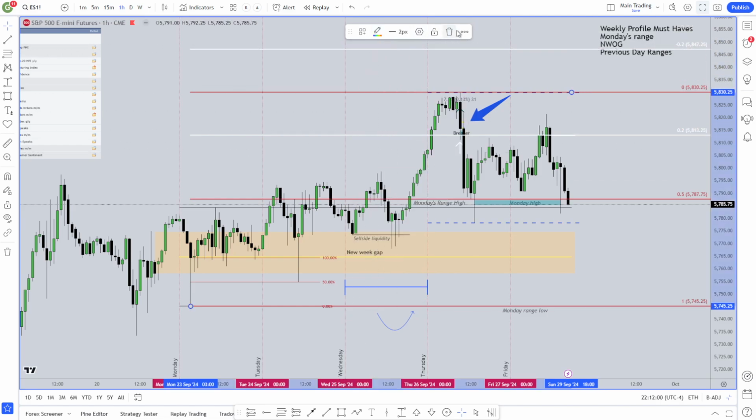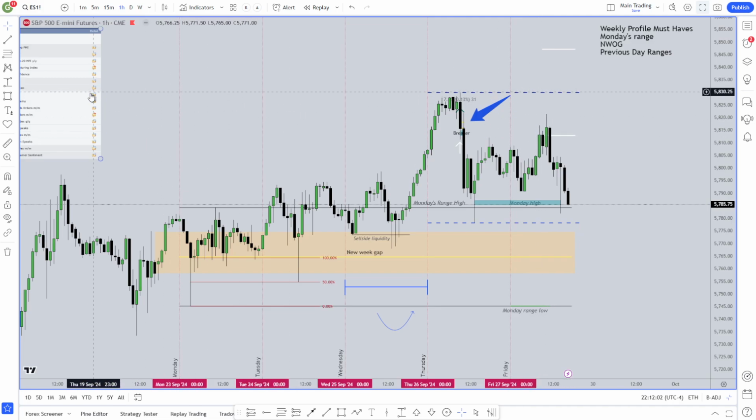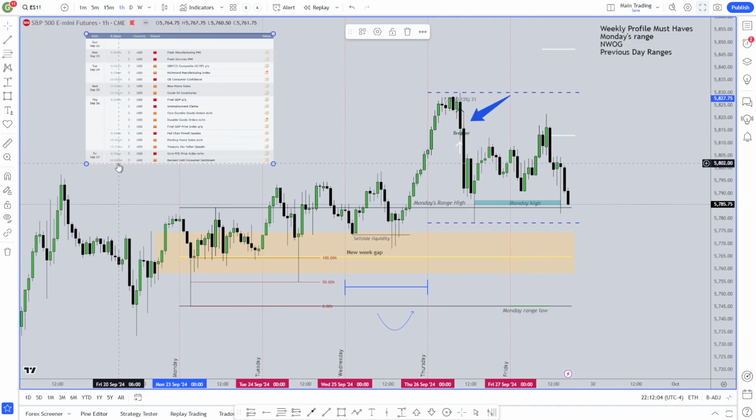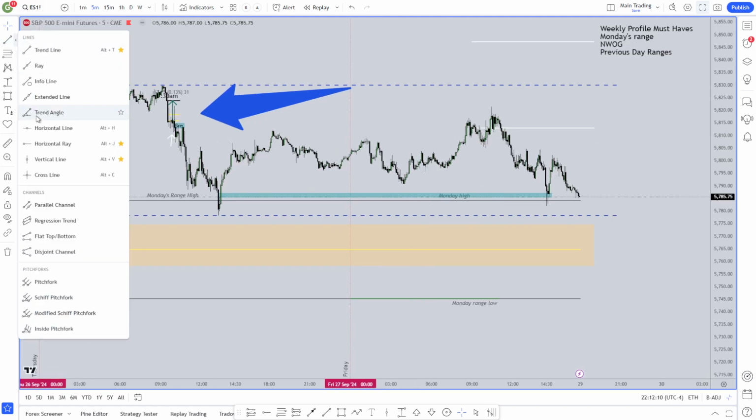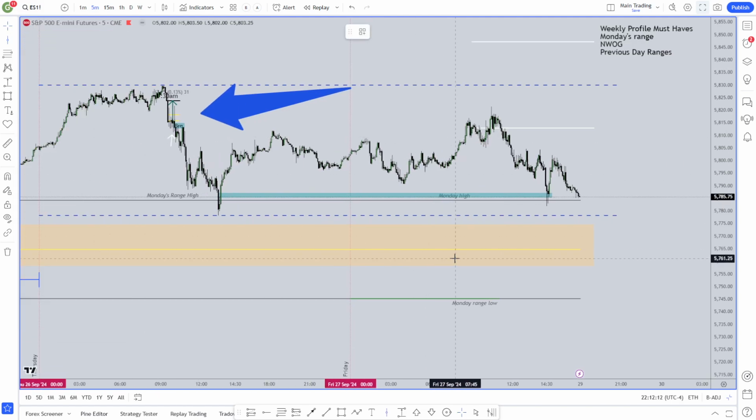We'll put our TGIF levels in white, and the news events today were 8:30 and 10 o'clock, and we'll just jump down to the 5-minute for 8:30 and 10 o'clock.